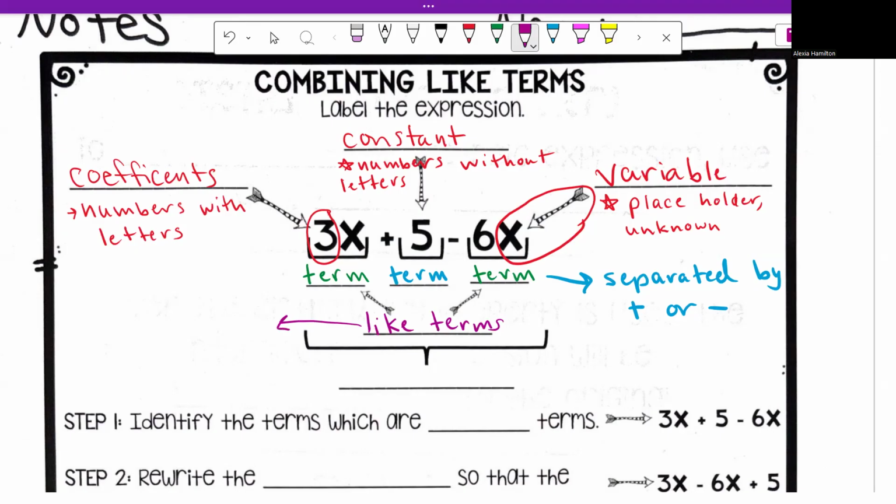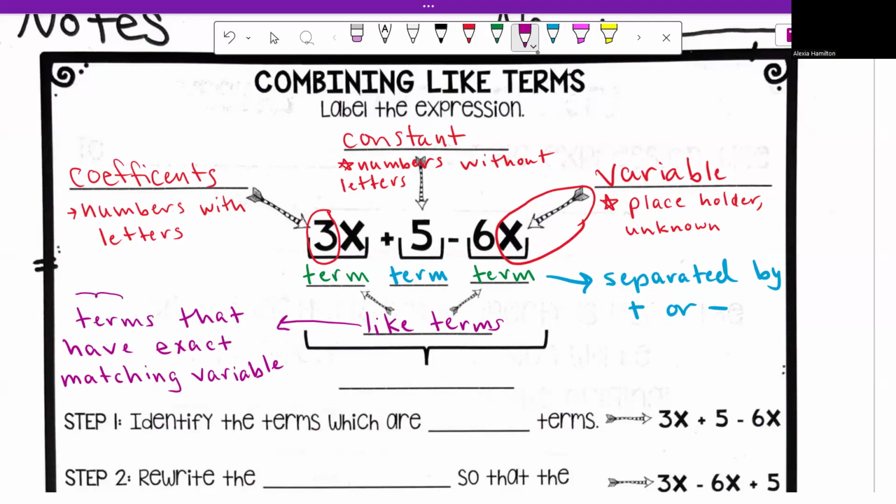The definition for like terms: terms that have exactly matching variables.